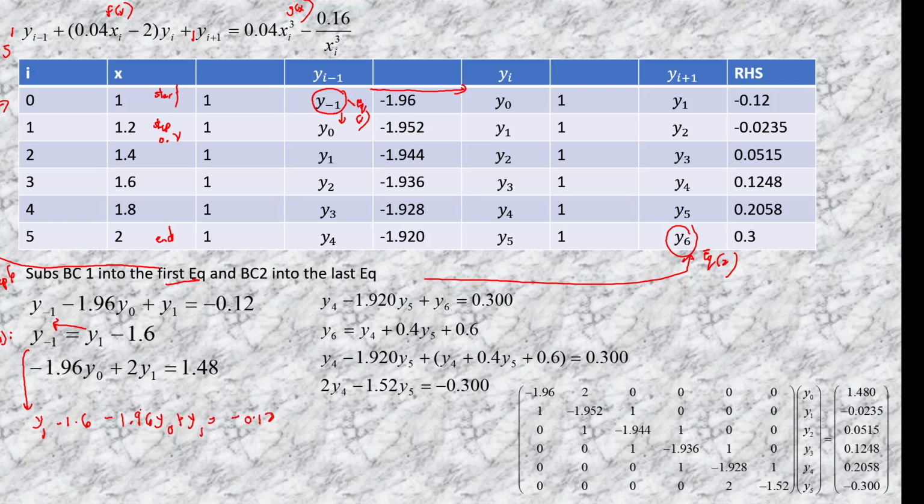That's why y1 plus y1, you got 2y1, minus 1.96 y0, and minus 1.6 on the left, you get negative 0.12.